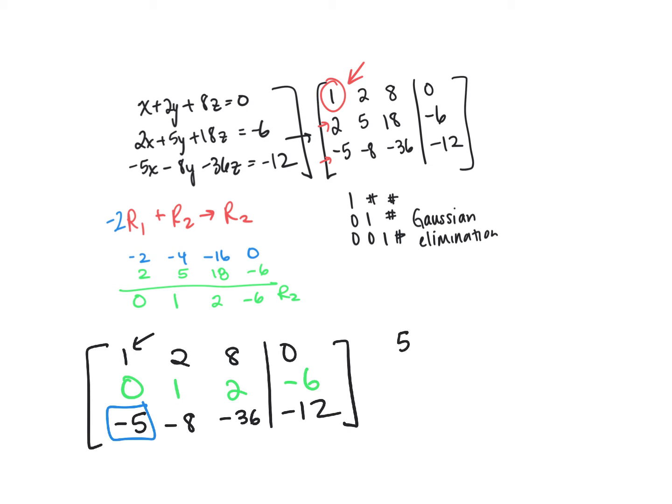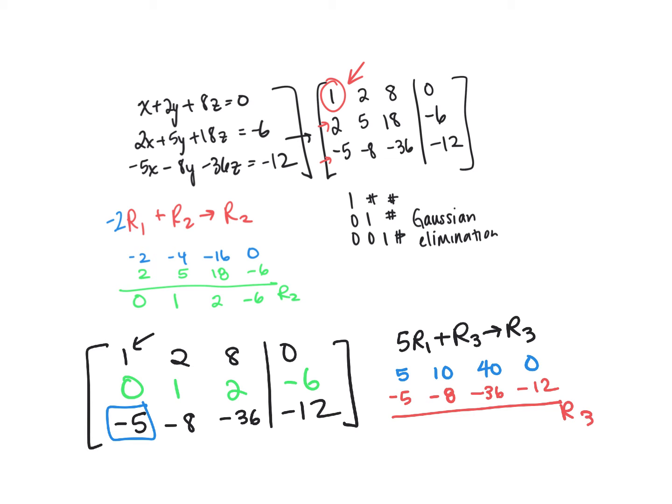So I'm going to take 5 times row 1, add that to row 3, and that will make my new row 3. Showing my work, 5 times row 1 is going to be 5, 10, 40, 0. And my row 3 is still -5, -8, -36, -12. So when I combine those together, my new row 3 will be 0, 2, 4, and -12.